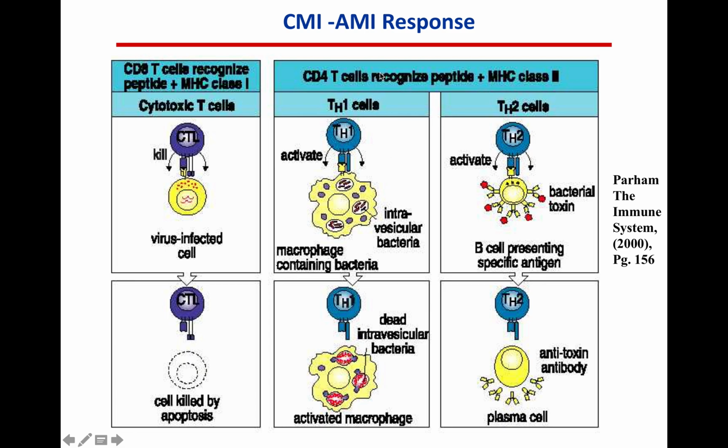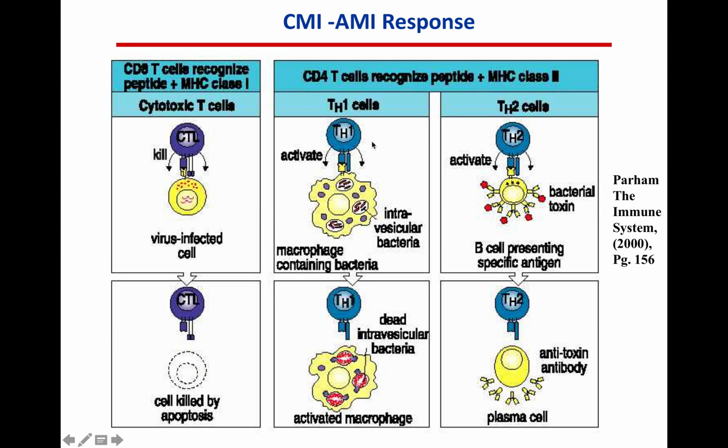Now, if we get back, remember what the relationship is between the CMI and AMI responses. We looked at a series of cells that are really dependent on the T cells. The T cells are the actors that control this whole response. In the middle, we talked first about T helper cells, for example Th1 cells.